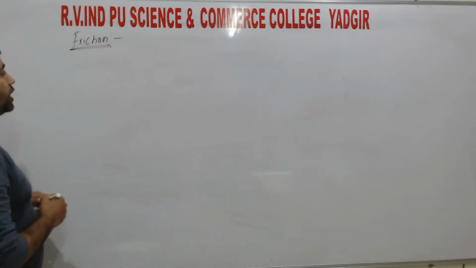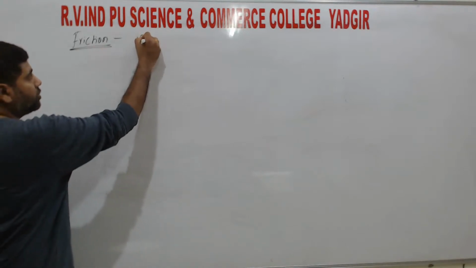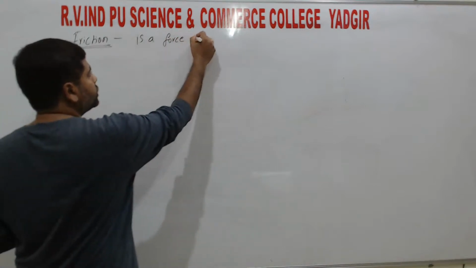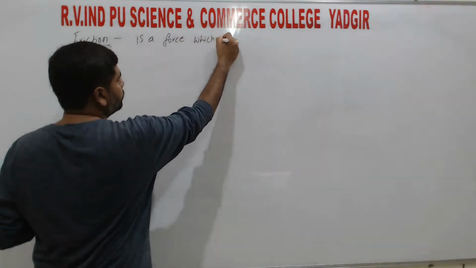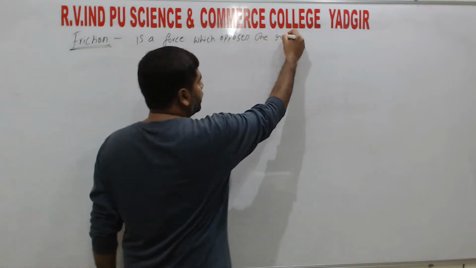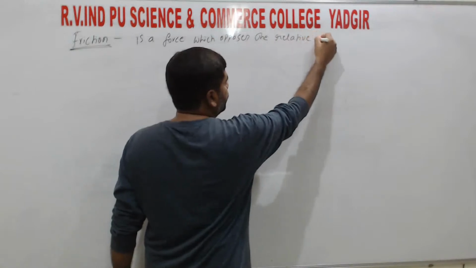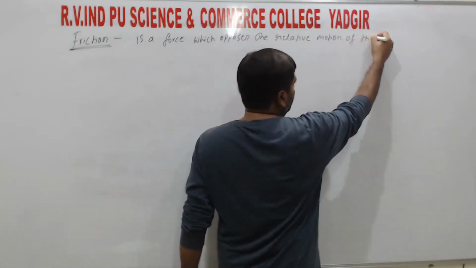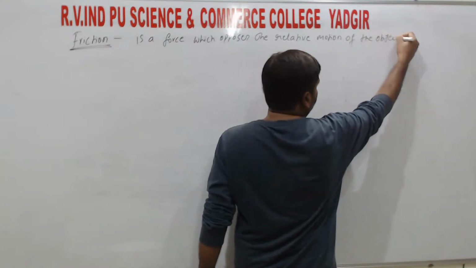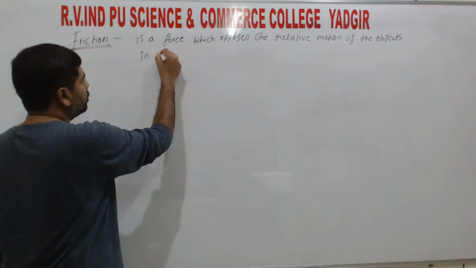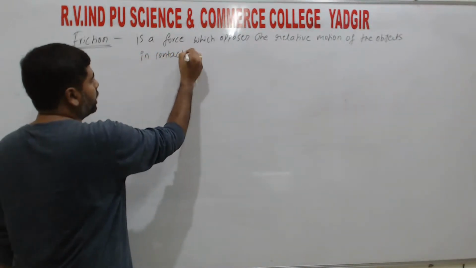So if we define it, friction is a force which opposes the relative motion of the objects in contact.